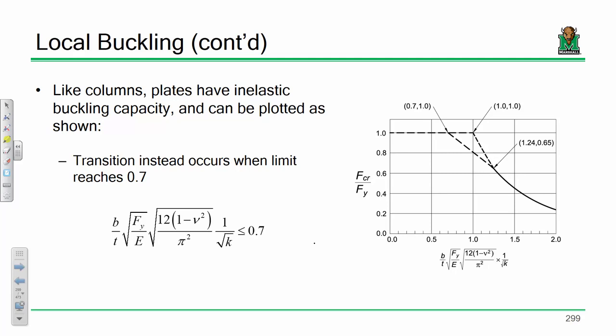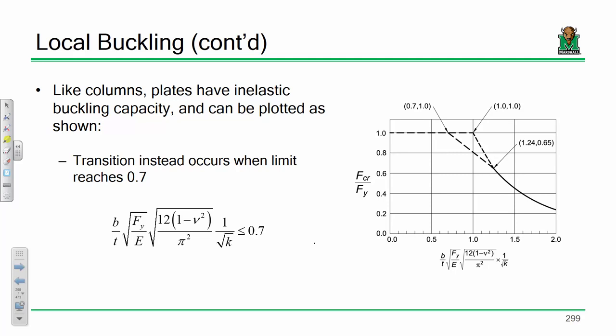But like columns, plates have inelastic capacity as well. So it would make sense theoretically to limit that ratio to 1. But if you actually start testing plates, you'll see that they have an inelastic capacity a little lower than that. So we back that off to 0.7 to account for the way that plates really behave.